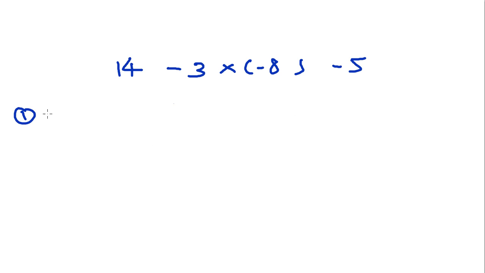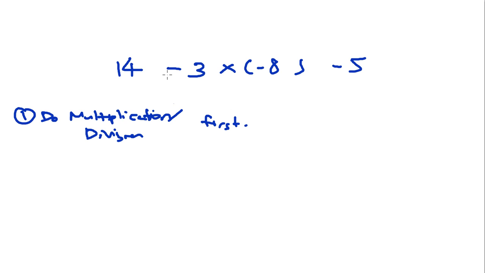The number one rule you have to take note of: always do your multiplication or division first. So in this case, you cannot take 14 minus 3 and then multiply by -8 minus 5. It doesn't work that way. You have to do the multiplication first.